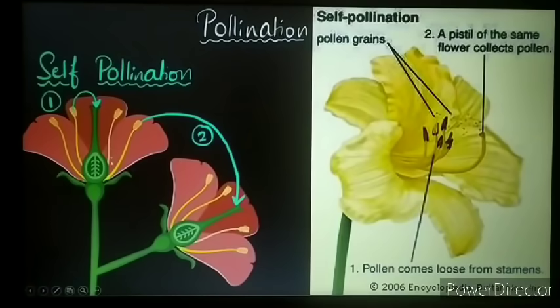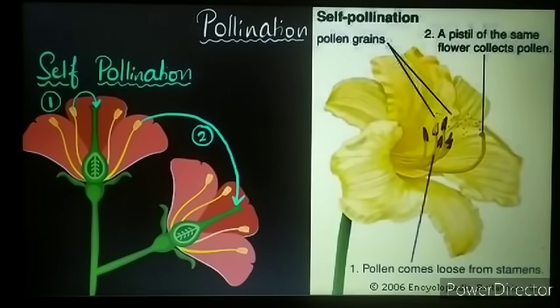worlds, that is, the male reproductive part and the female reproductive part should be present in the same flower. On the other hand, if the flowers are unisexual, in case it is pistillate or staminate, then it needs to transfer the pollen from the stamen of the male flower to the pistil of the female flower.